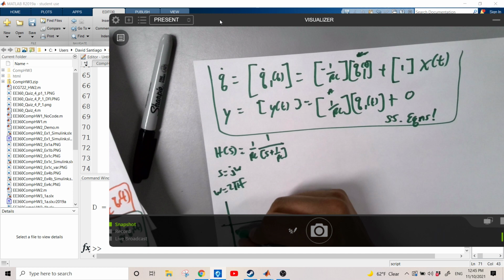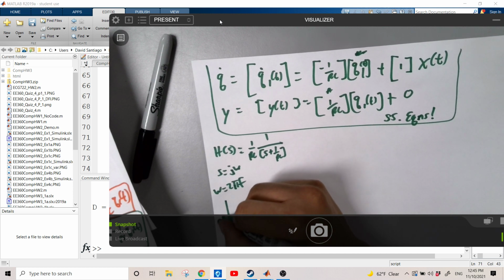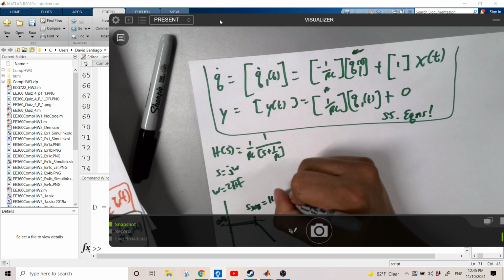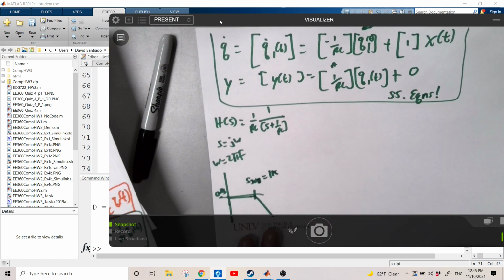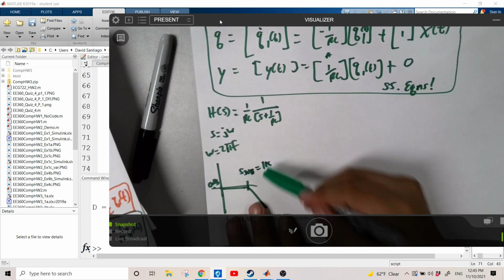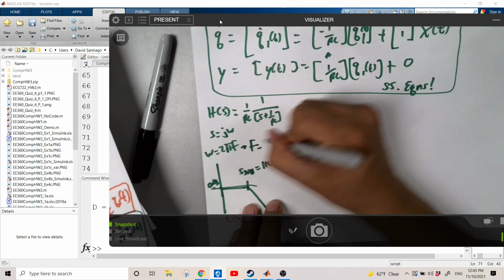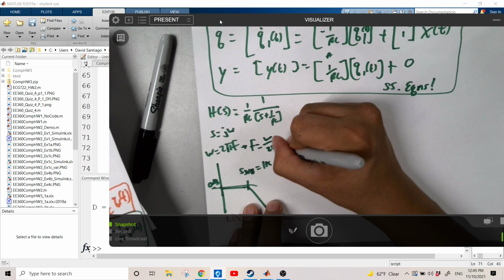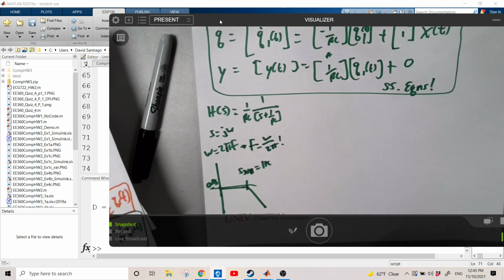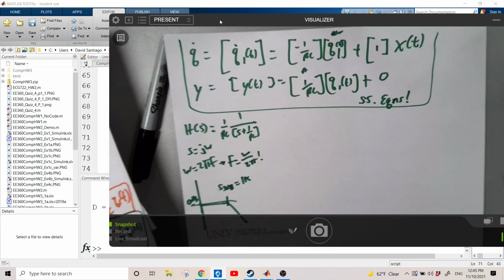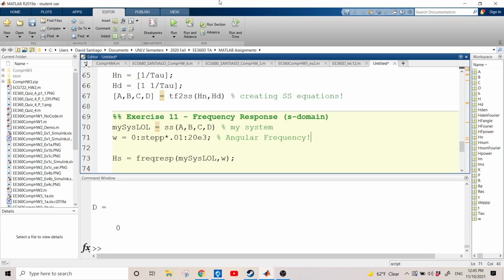It's okay. We're going to see something like this, okay? Here's your 0 dB. That means this right here is the 3 dB point, which should be equal to that 1K, okay? Does that make sense? And if you wanted to get the frequency, all you do is F is equal to omega divided by 2 pi. And then if you're really that OCD, just go ahead. But we're just dealing with the S domain, okay? So, back to our code.